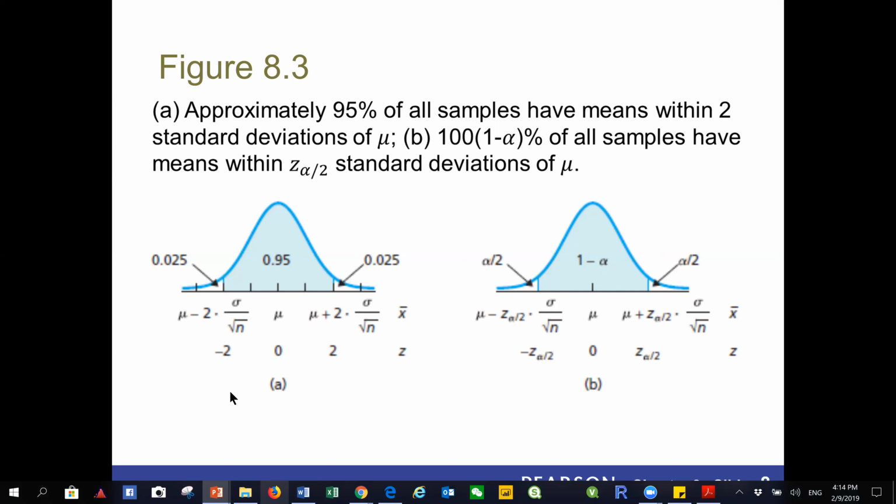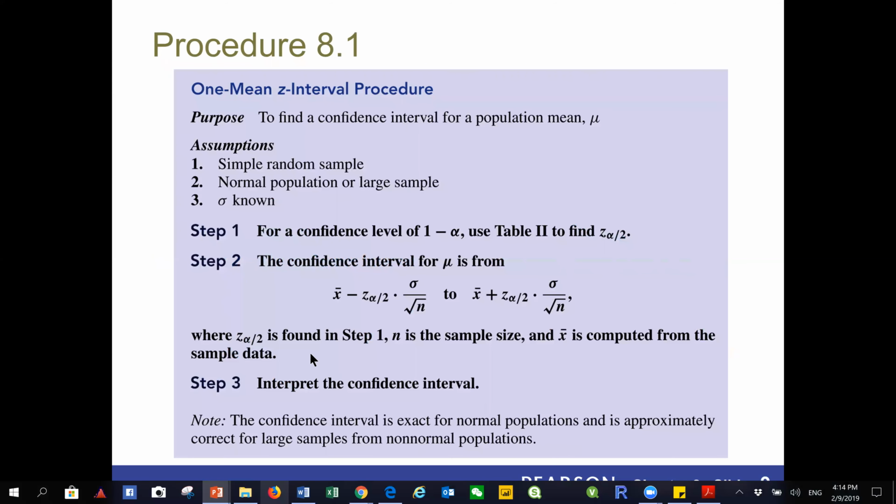So you can derive that formula for the confidence interval for mu. Okay, so this is a confidence interval.